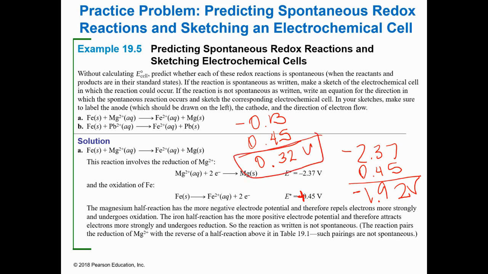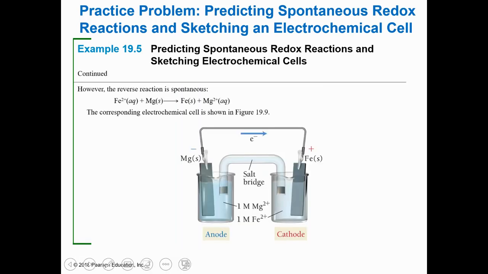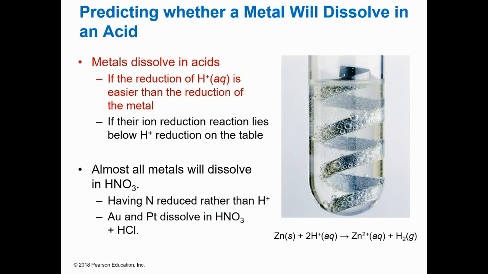That is positive, so B would be spontaneous. Okay, it did want you to sketch the cell to just make sure you know the flow of electrons. You know, the anode, when you draw them, is normally on the left and the cathode is normally on the right. You will see that on the homework, and it can be the other way. This is the conventional way that the anode is on the left and the cathode is on the right.